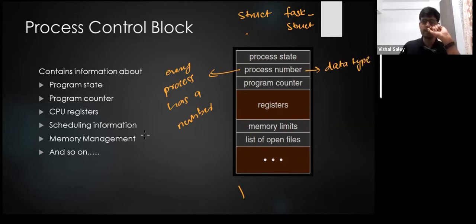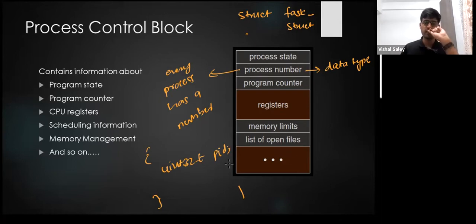There is some structure and there is some unsigned int 32 or whatever, like a PID, process ID, or process number. So it has some type, right? It can be an integer of size 32 bit or 64 bit or whatever.